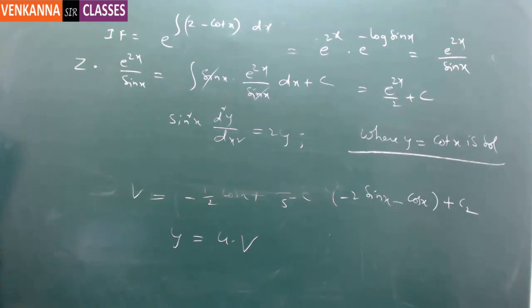Now you can observe that the earlier 6 formulae are not useful. The 6 formulae will give functions of the type either exponential or x power something, isn't it? But here, for this problem, cot x is a solution, which cannot be determined with the 6 formulae which we have noted earlier.